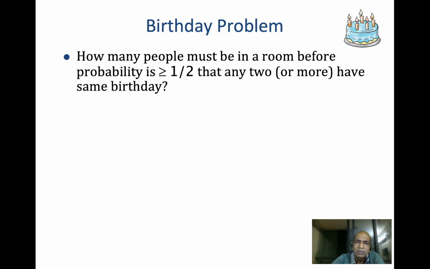All right. Now the next question is: how many people must be in a room before the probability is greater than half that two people have the same birthday? How many people should be in the room such that the probability is greater than half that any two or more have the same birthday?